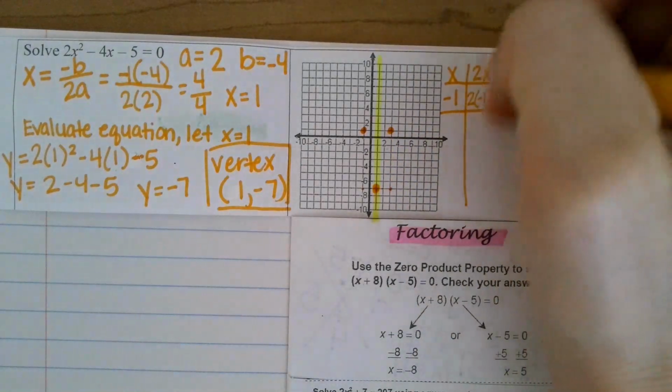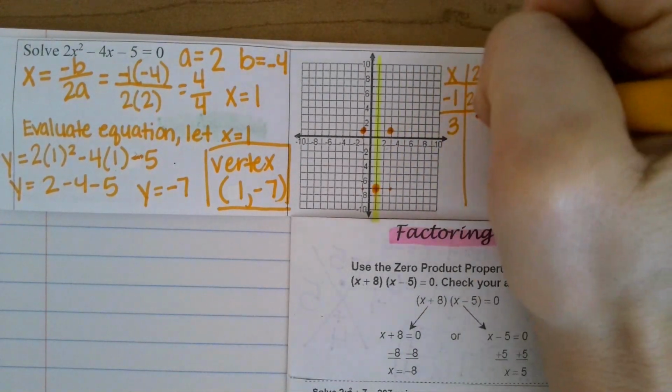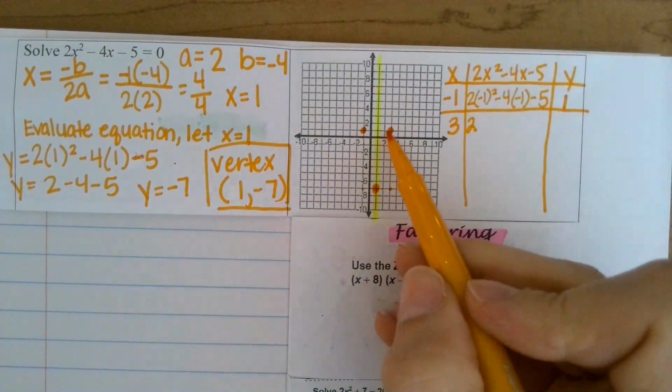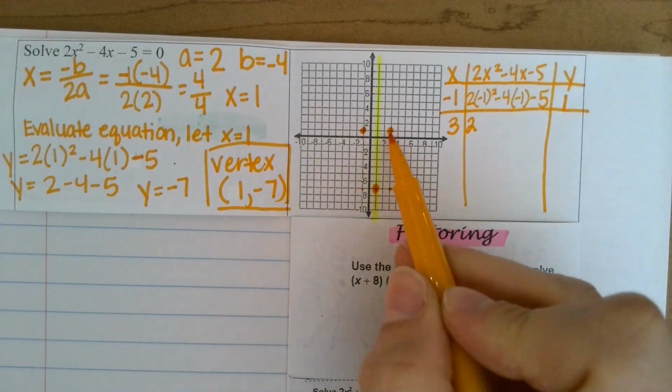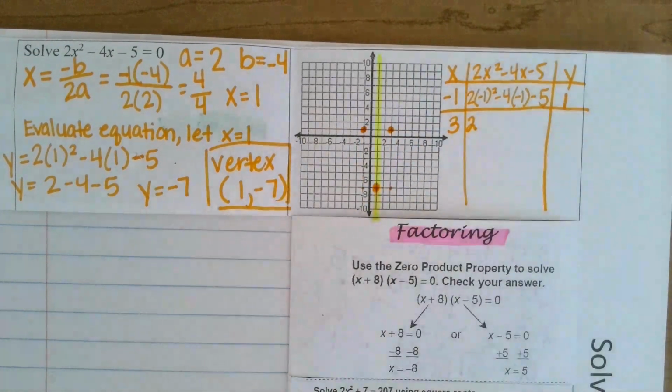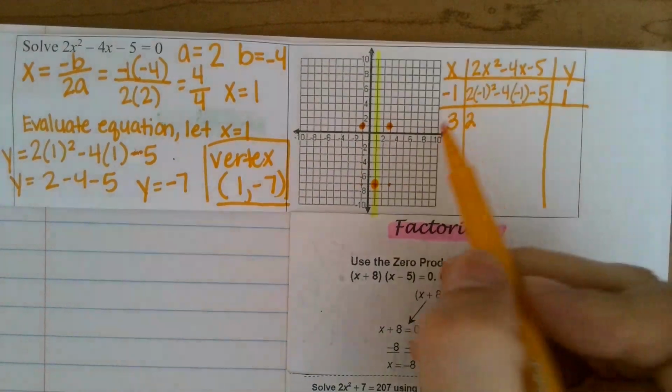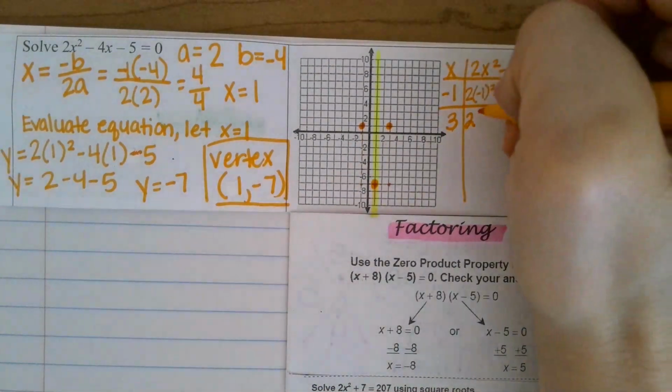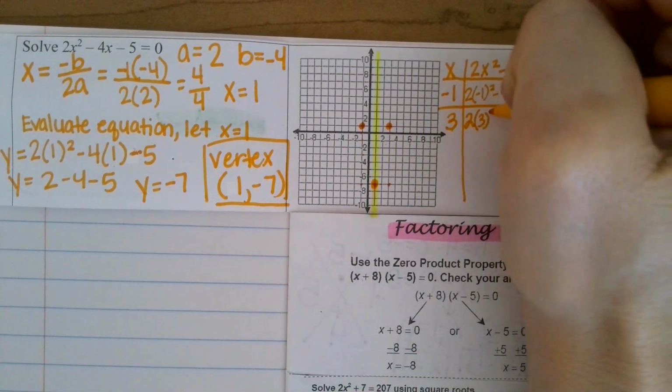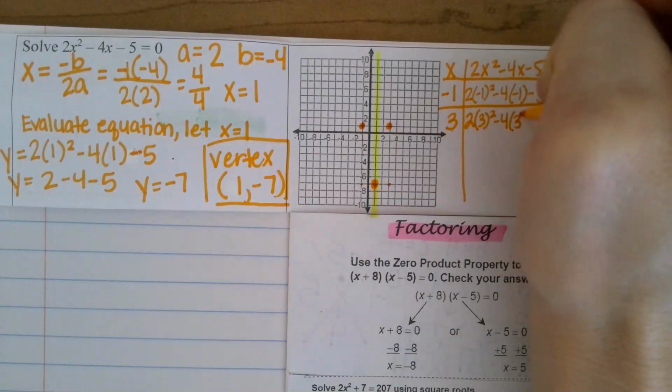Let's see what it would be at 3. Right now, by just following that rule, going the same direction on the opposite side, because remember it creates a mirror image on both sides, let's see if 3 would also have a y value of 1. So do 2 times 3 squared minus 4 times 3 minus 5.